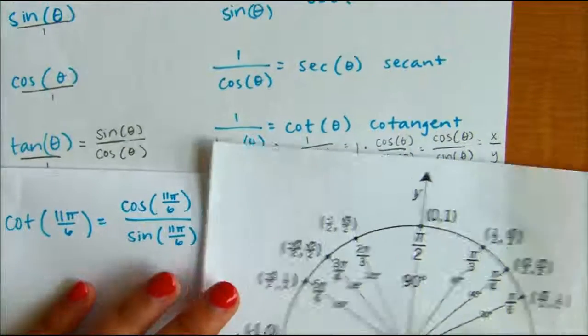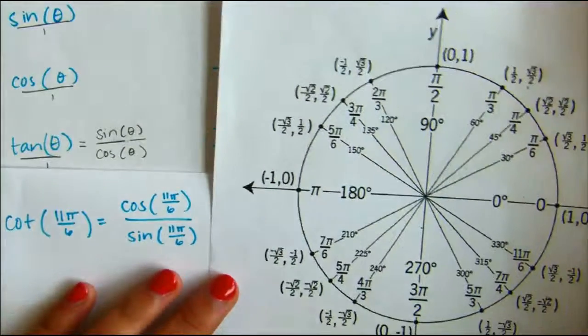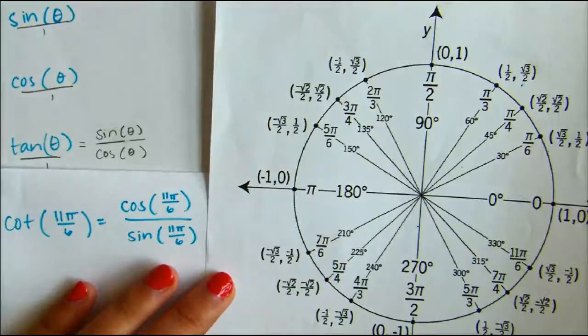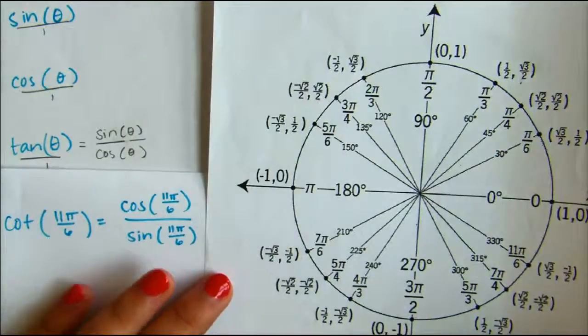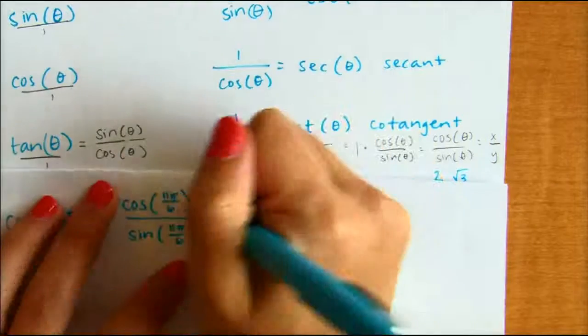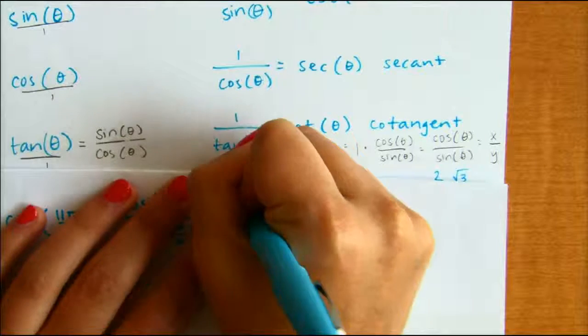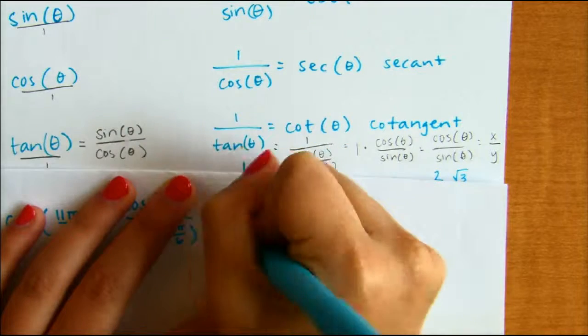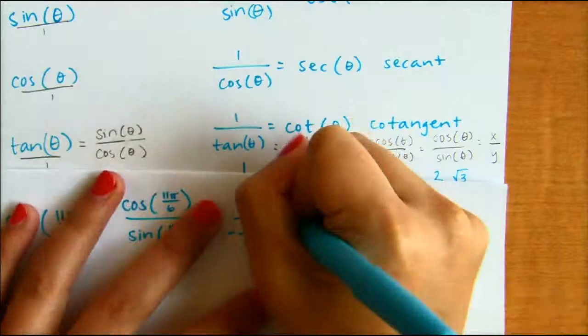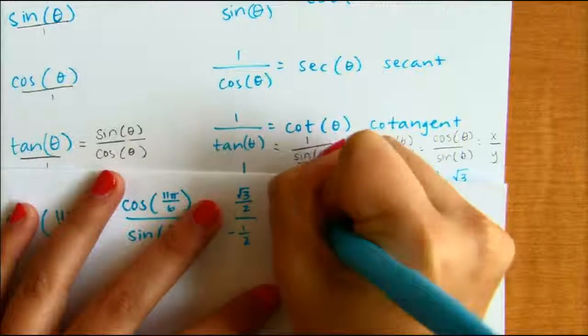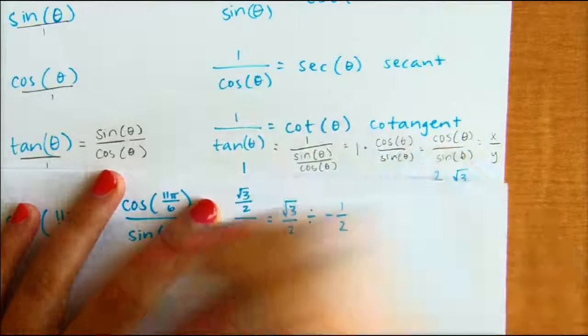If I go to 11 pi over 6 down here, my cosine value is root 3 over 2. Sine is a negative 1/2. So I'm going to replace those two values. I'm going to write that out horizontally, so I've got root 3 over 2 divided by negative 1/2.